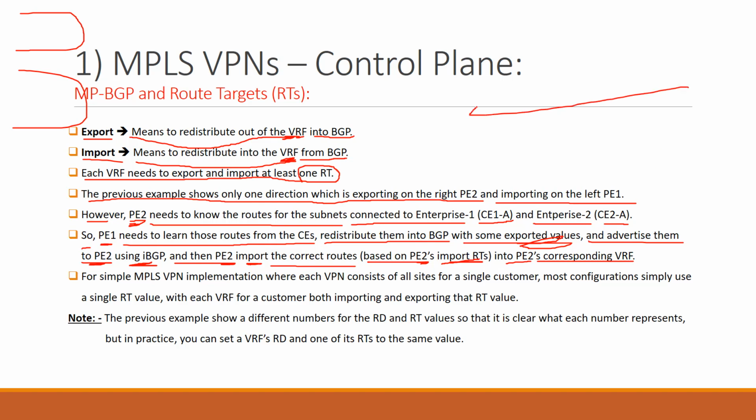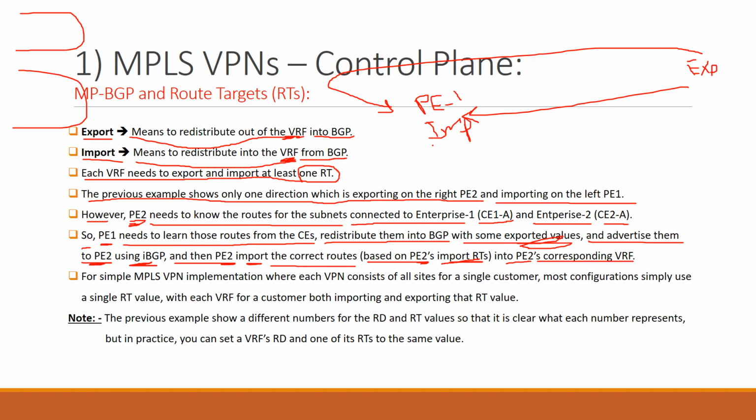So if from PE2 to PE1, the export here should match the import here, the route from VRF1 should be stored in VRF1 on PE1.